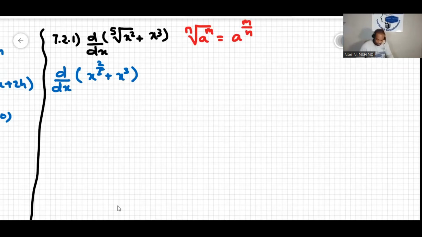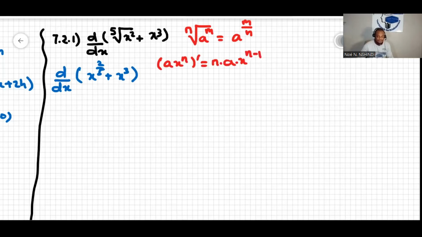We can use this formula. The derivative of a x to the power of n is equivalent to n times a times x to the power of n minus 1.